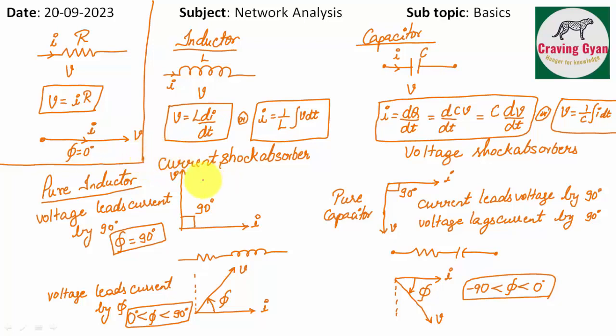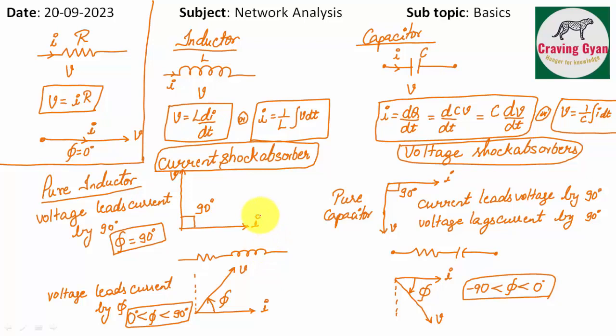Then we will be telling that inductor is referred to as current shock absorber, and capacitor you are going to refer to as voltage shock absorber, right? Now in the case of inductor, voltage is going to lead current by 90 degree, but practically if you are considering, it is going to lead by some angle, 5 degree. That 5 is going to lie between 0 to 90. It can't be 90 degree.